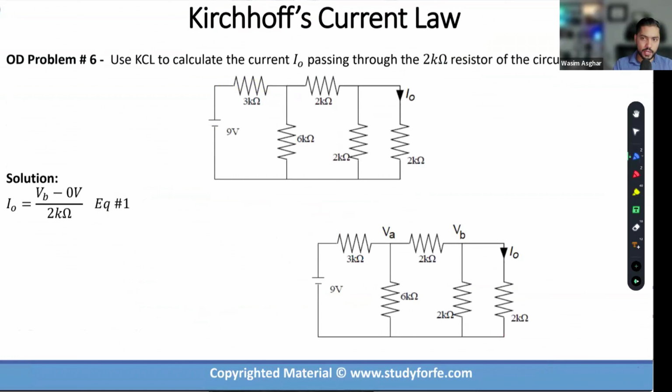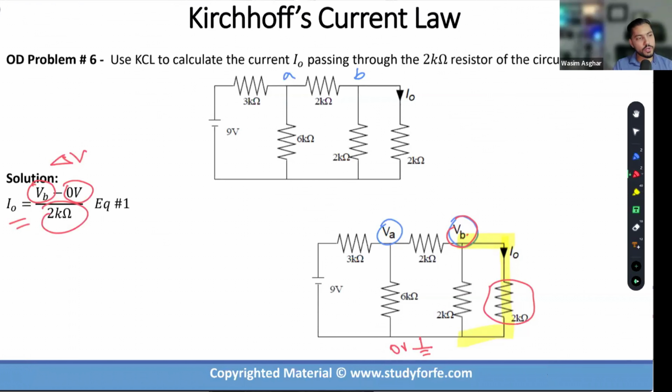If I call this B, and I call this A, so VA and VB. If I want to write an equation for I naught, knowing that this is the 0 volt ground reference, can you see that delta V, VB minus 0 volt, divided by the 2K resistor, is the correct equation for I naught? Any issues with this?